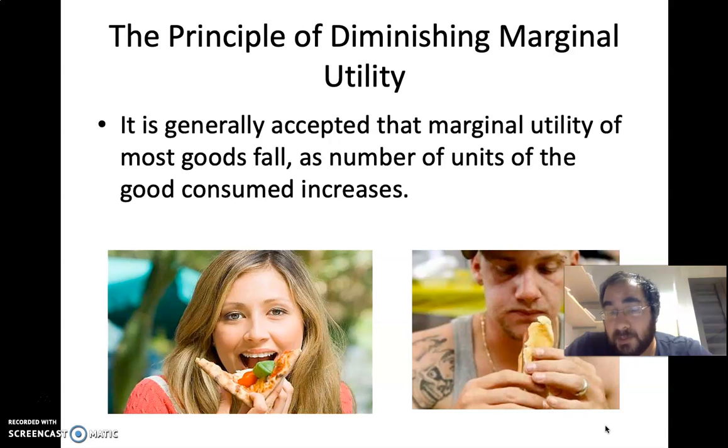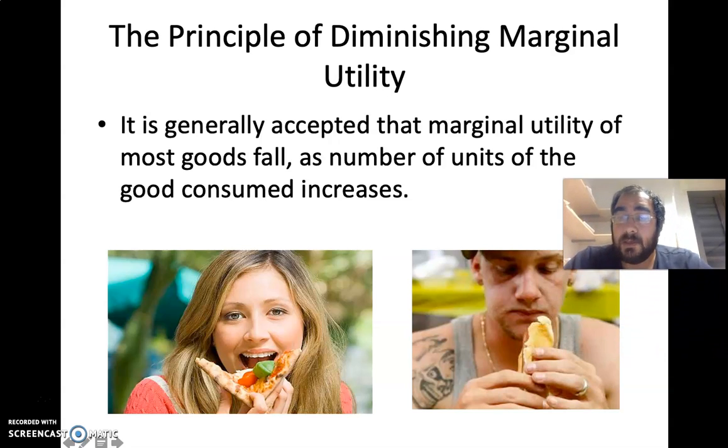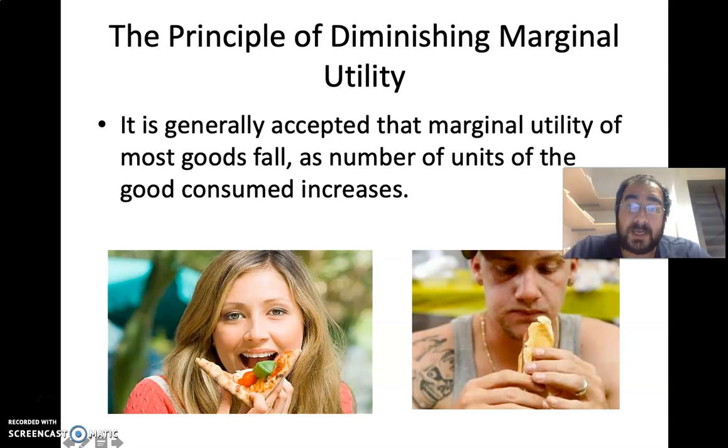Okay, now we are talking. We will mention the first law marginal economists are stating. It's generally accepted that marginal utility of most goods falls as the number of units of goods consumed increases. So when I drink my first coffee, I might get a lot of utility from it. When I get my second coffee, the utility I get is likely to decrease according to this logic.